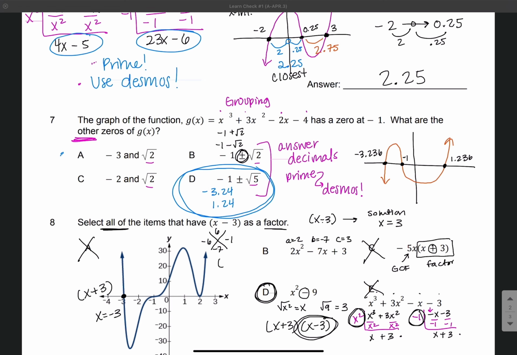So I'm going to have x minus 6 and x minus 1. Again, I need to make sure I divide by A. So that means our factors are going to be x minus 3 and 2x minus 1. Look, there's that factor, x minus 3. So that means B is also going to be an answer.